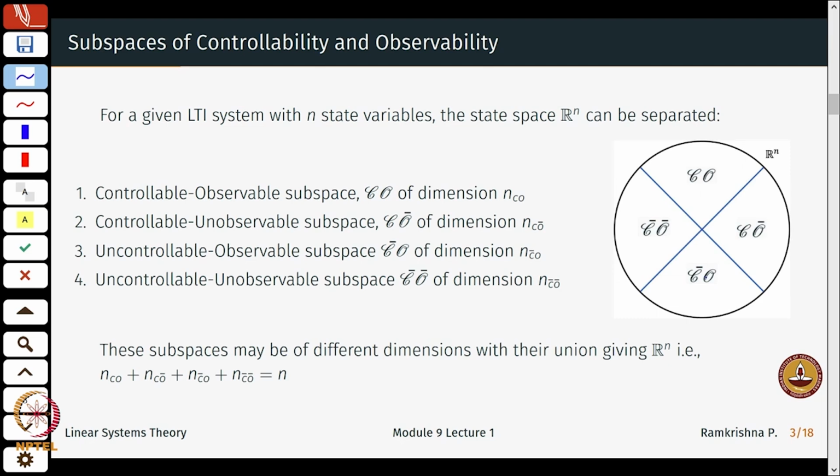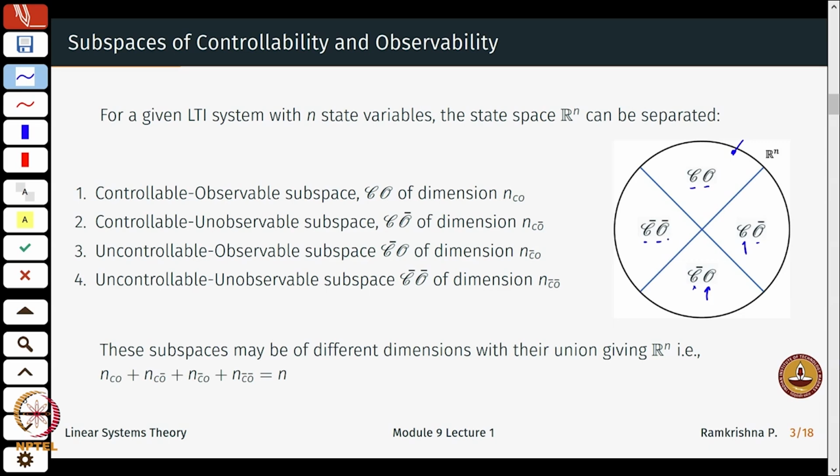We could have a system which has modes which are both controllable and observable. A part of the system could be controllable but not observable. Similarly, a part of the system could be observable but not controllable, and there could be a part of the system which is neither controllable nor observable.